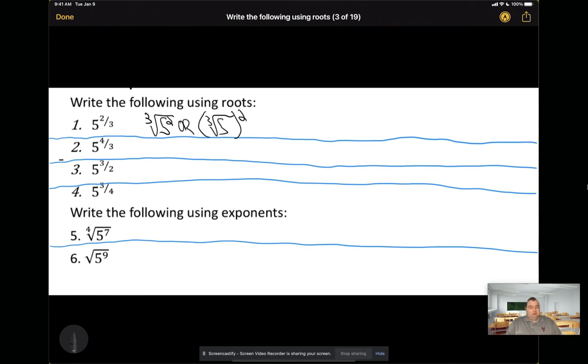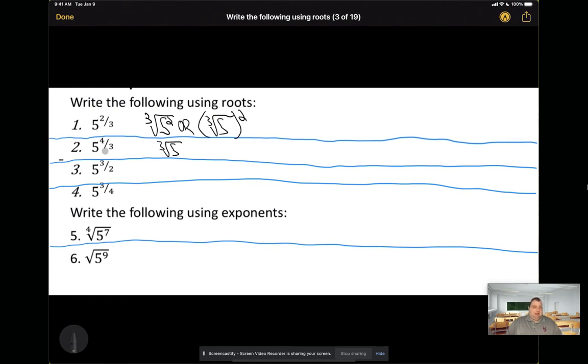Number 2, again, we're raising 5 to the power of 4/3. The denominator once again is 3, which tells me the root is going to be a cube root.